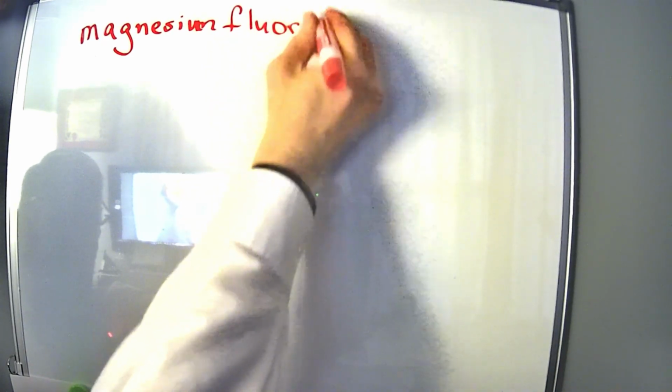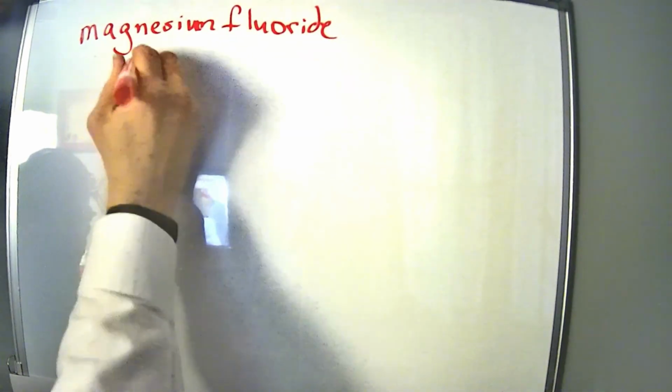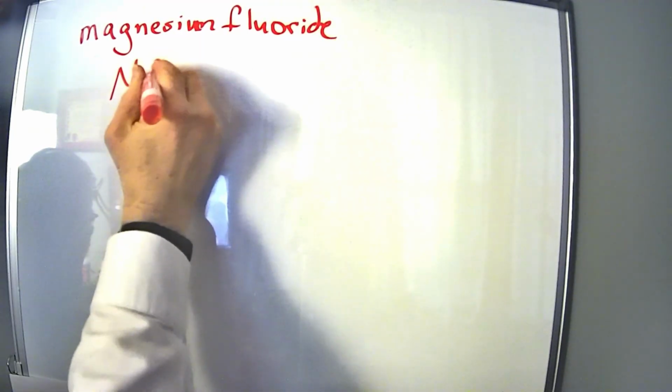Our next example is going to be magnesium fluoride. Magnesium is Mg with a 2 plus charge.